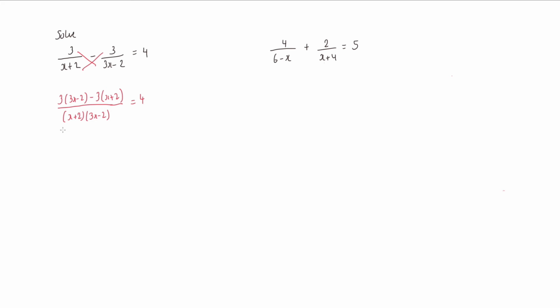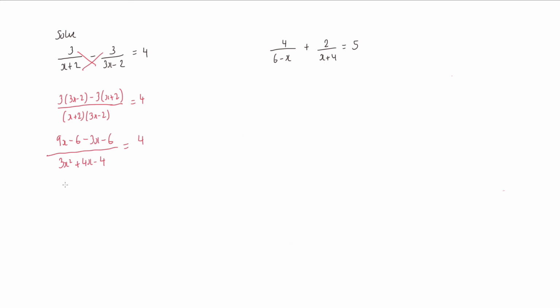So let's expand that. 3 times 3x is 9x. 3 times minus 2 is minus 6. And then that's going to be minus 3x and then minus 6 over, expand this bracket. So you should have 3x squared minus 2, that's plus 4x minus 4 if you expand and simplify that, right? So 3x squared minus 2x, 6, yeah, that's fine, equals 4.